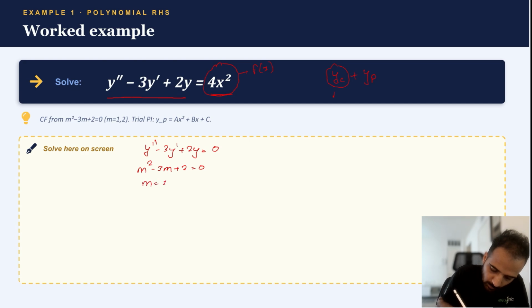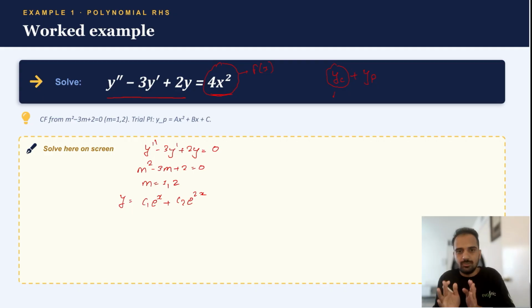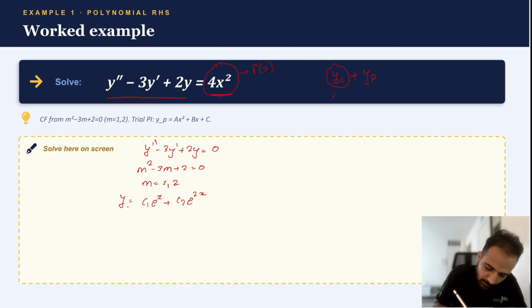Your m will be 1 and 2. That means your solution will be y equals c1 e^x plus c2 e^(2x). But this is not your final solution, right? This is just your complementary solution. You still have to calculate your particular integral.